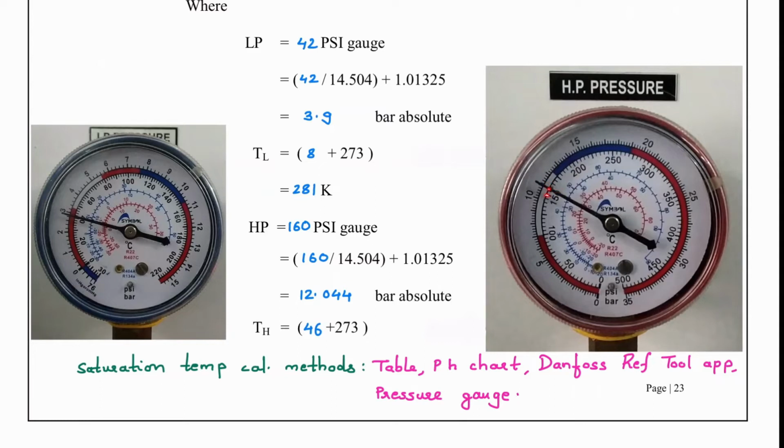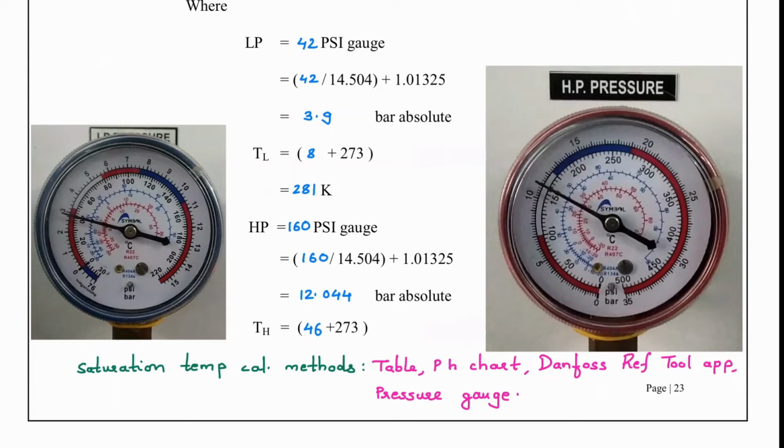After 50 it is 2 divisions, so it will be 160 psi gauge. Why gauge? Because we are reading from the pressure gauge, so this pressure will be gauge pressure. So 160 divided by 14.504 to convert psi into bar, plus add the atmospheric pressure 1.01325 bar. From here you will get the bar absolute value.